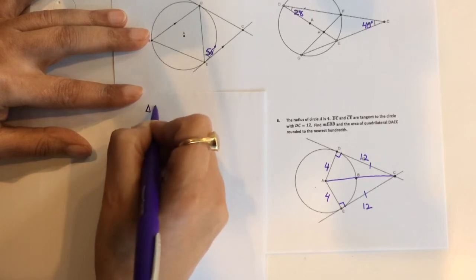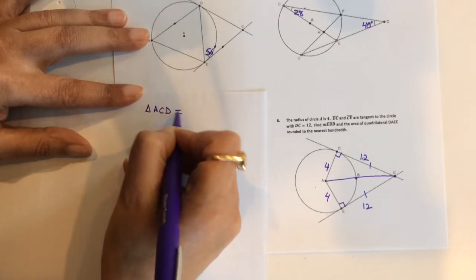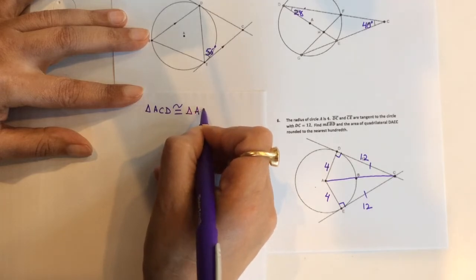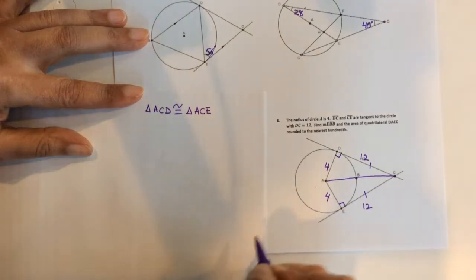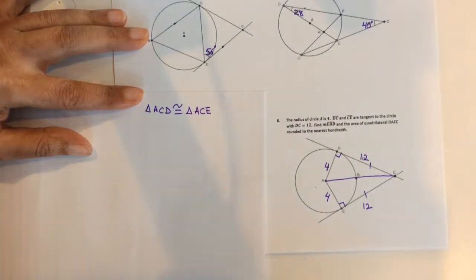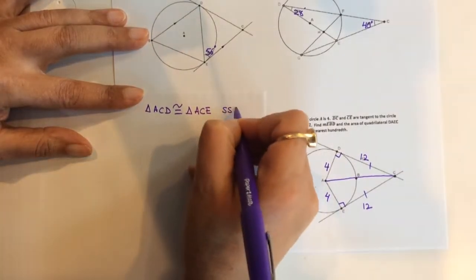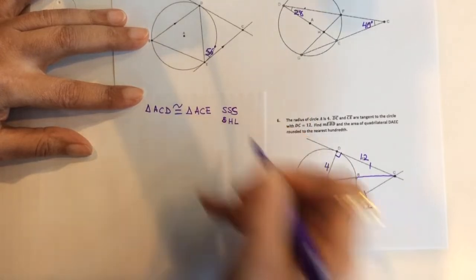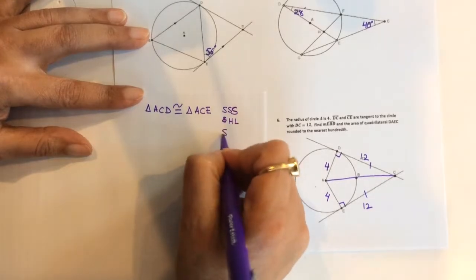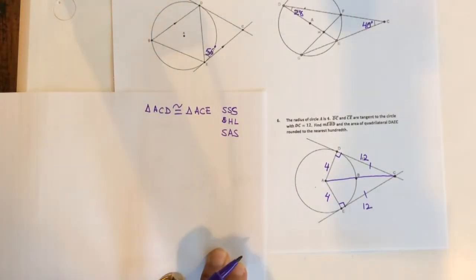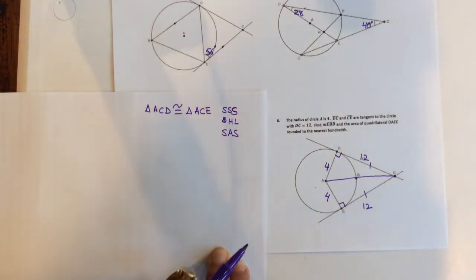So triangle ACD is going to be congruent to triangle ACE, using either the SSS criteria or the HL criteria or the SAS criteria. I can use any of those criteria to prove that those two are congruent.